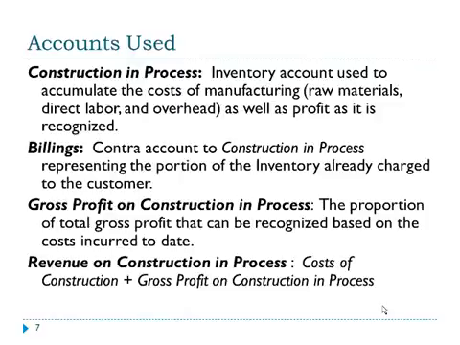The accounts used in long-term construction are specific to this kind of industry. We're going to call the inventory account construction in process. That inventory account accumulates all the costs of manufacturing, raw materials, direct labor, and overhead.